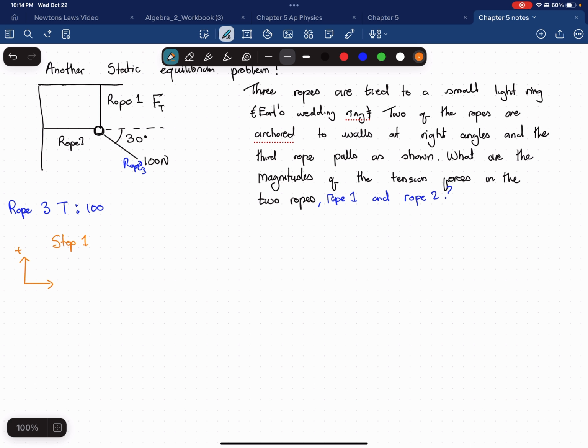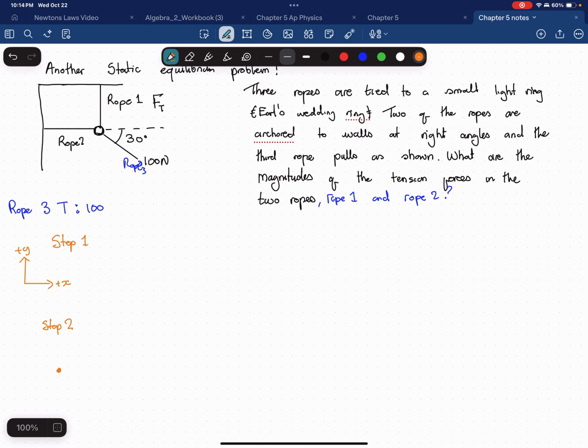My positive y, my positive x. Nice. So hold on, let's do our free body diagram before we go there. All right, step 2, free body diagram.